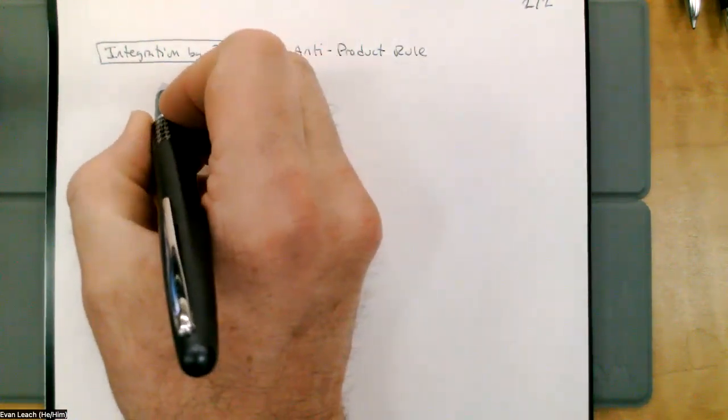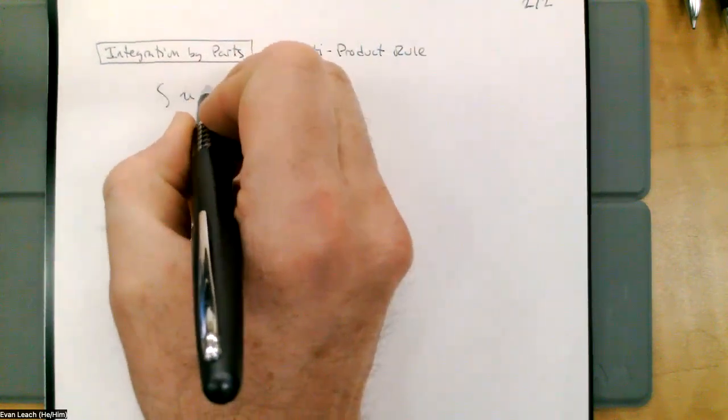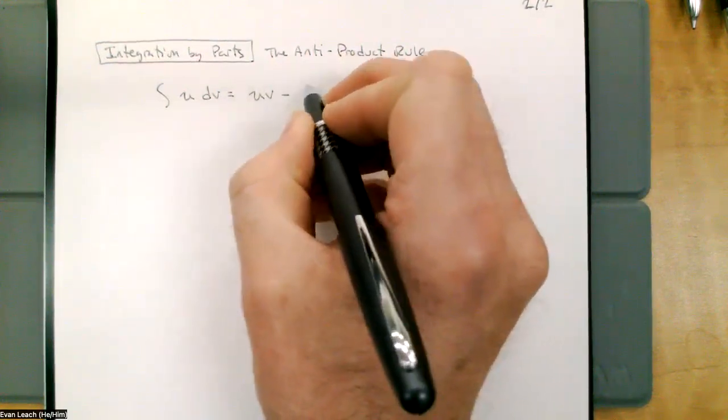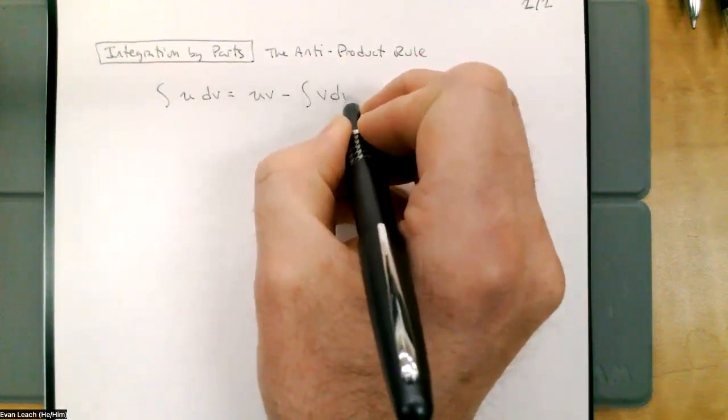So integration by parts is the integral of u dv equals uv minus the integral of v du.